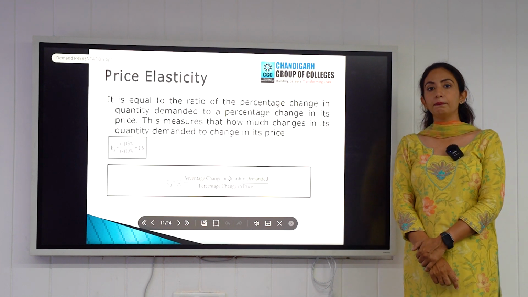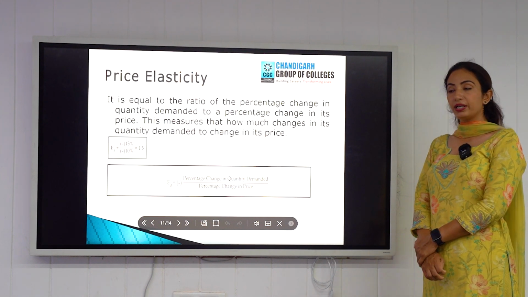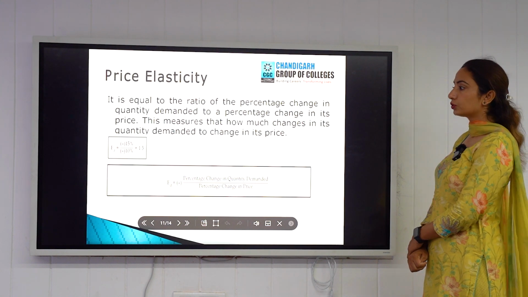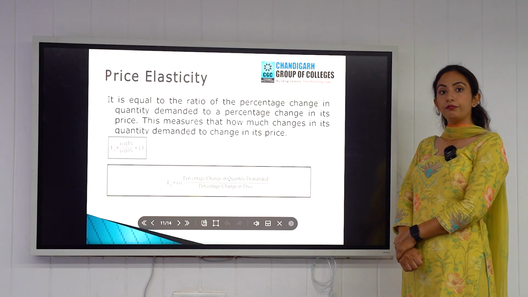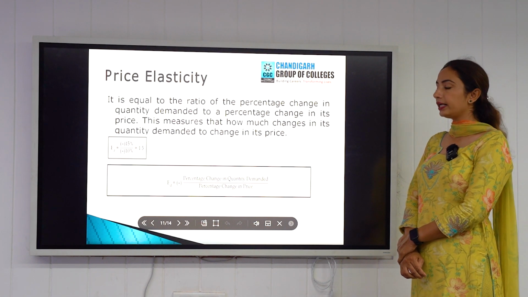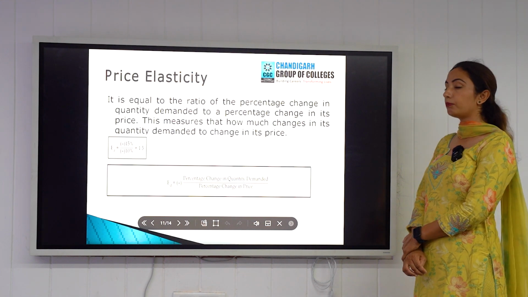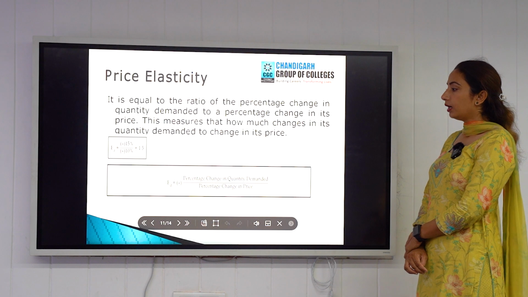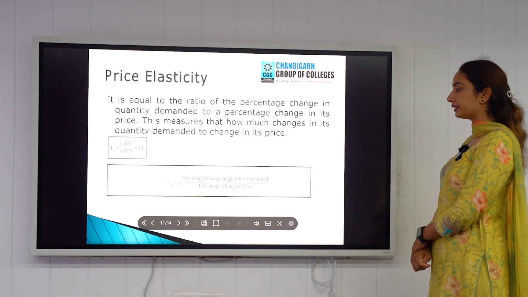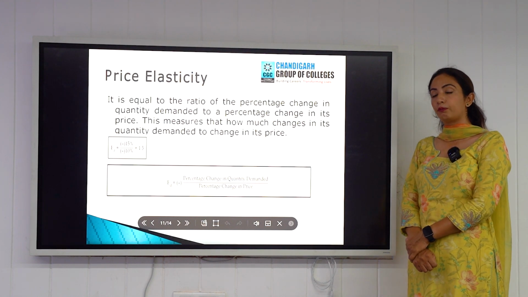So here is the first one, price elasticity of demand. It is an equation with which you can measure the price elasticity of demand. So ED stands for elasticity of demand. Elasticity of demand will be equal to the percentage change in quantity demanded due to the percentage change in price of the commodity.